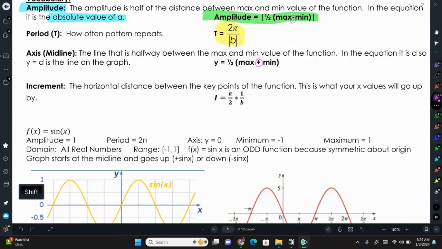And to calculate that increment, you do pi over 2 times 1 over b. So that b value is important, or you could take your period and divide it by 4, and that would also give you your increment.